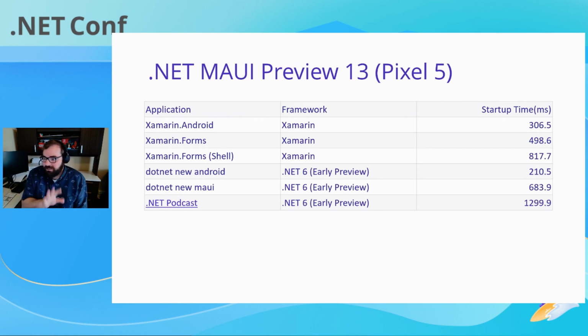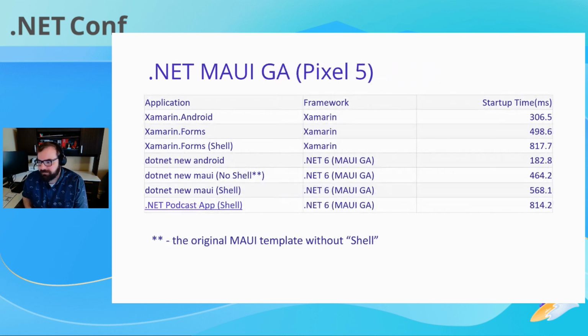And the .NET Podcast app, this is the last one, took about 1.3 seconds to start up. That one was an example of what a customer app would be. And that was also our big focus: we want to make sure that everyone's apps would start quicker.